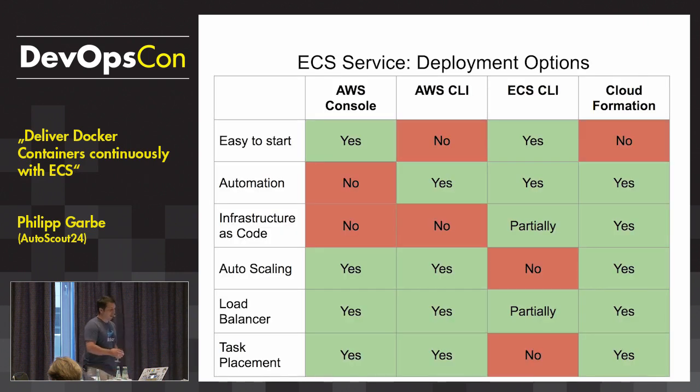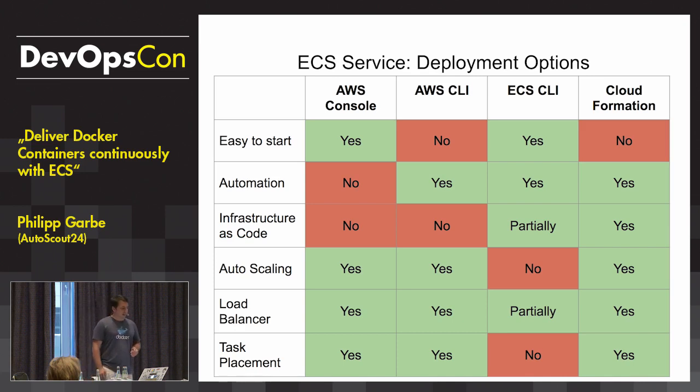So how can I then deploy my ECS service? Again, we have the same options. We can do that in the console, again with a nice UI to click through. We have the CLI, which is not that complicated because we just have to register the task definition and start the service.